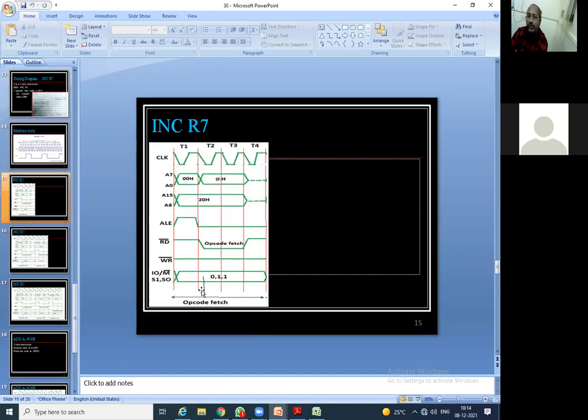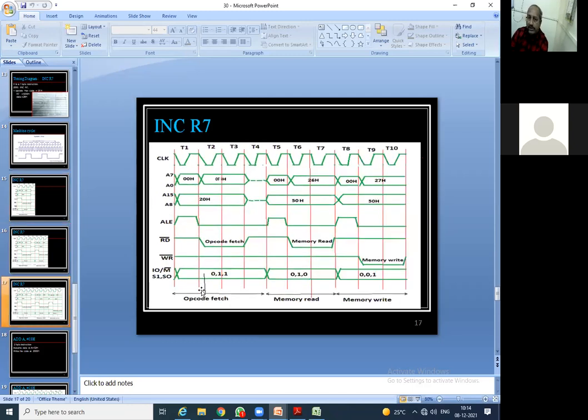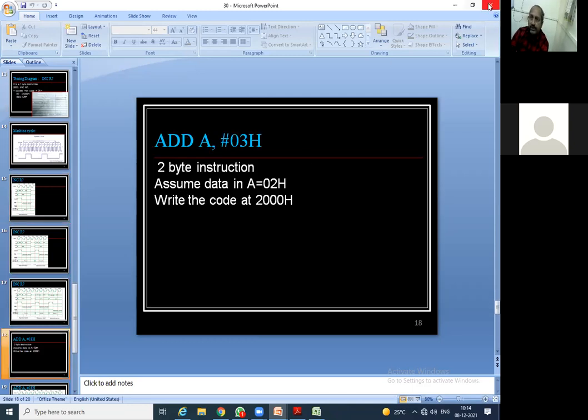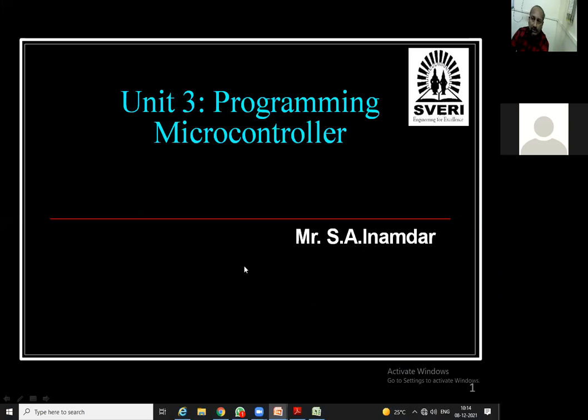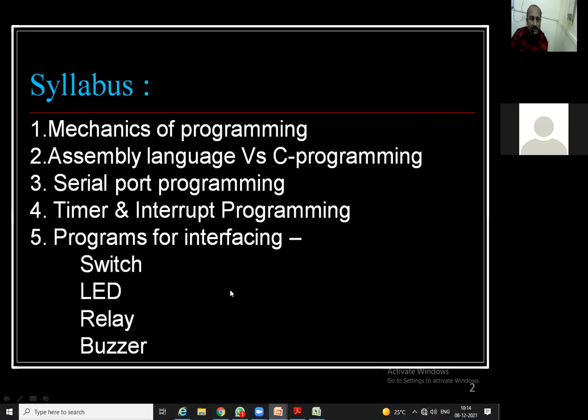For that we took one example, that is INC R7, and we went through its timing diagram. Next we will go ahead with the syllabus. We have not started this unit proper yet, but this is the syllabus we have gone through, the mechanics of programming.